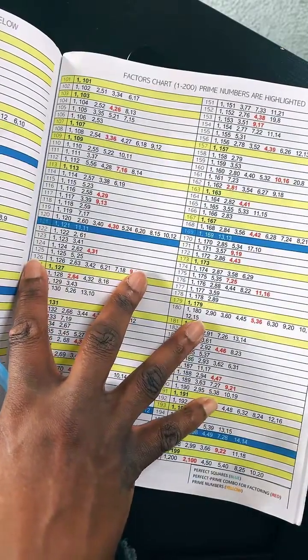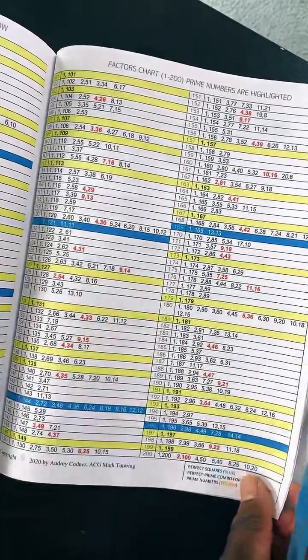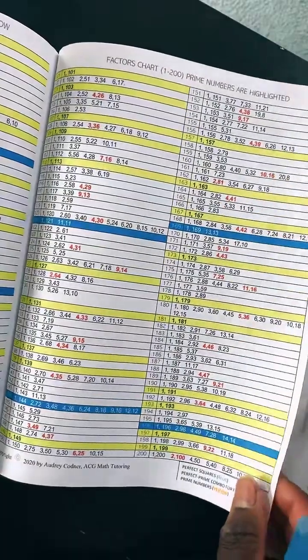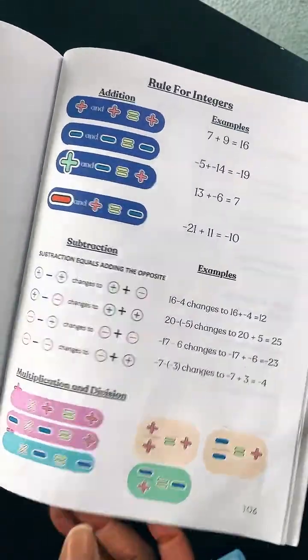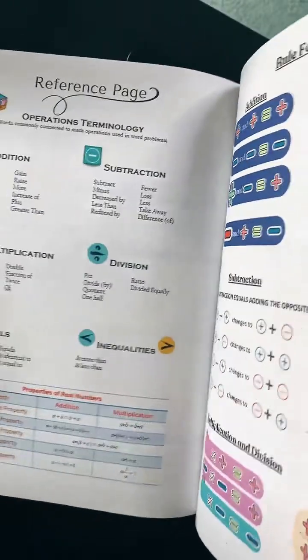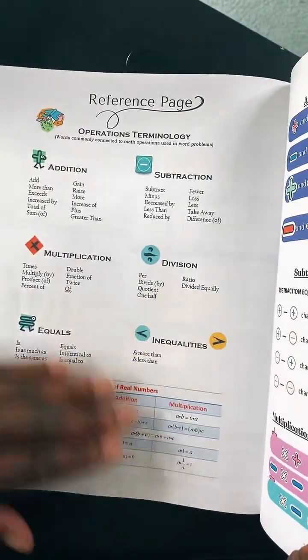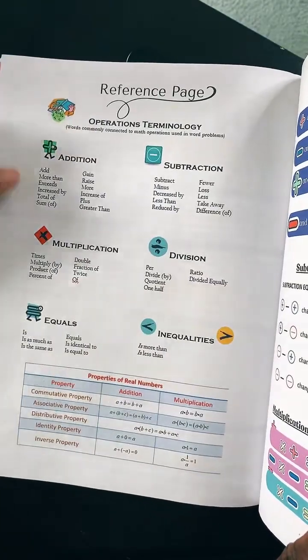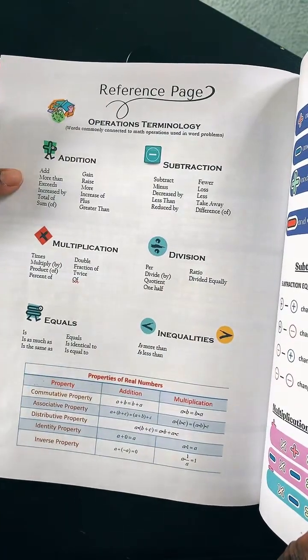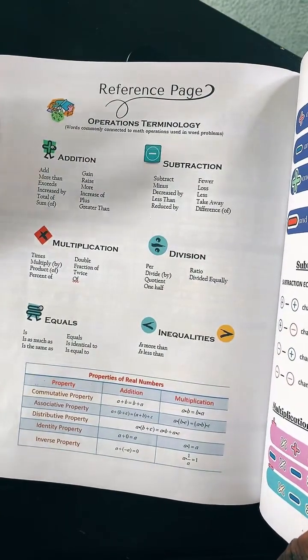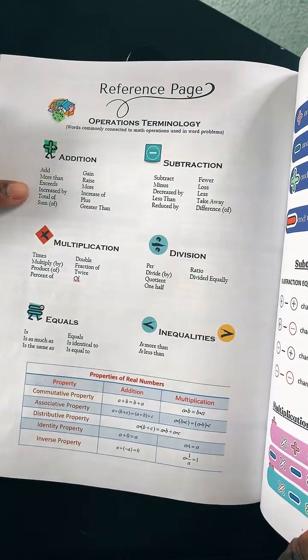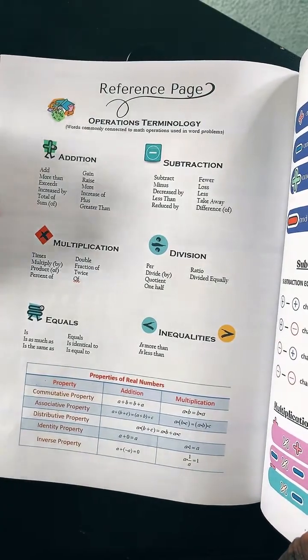So what I decided to do is add what's called, I know it's so pretty, isn't it? It's called a factor sheet. Most factor sheets go basically from 1 to 100. So if they're trying to figure out, okay, what is 48 divisible by, I can go to 48 and I have all the factors of 48 right down the bottom.